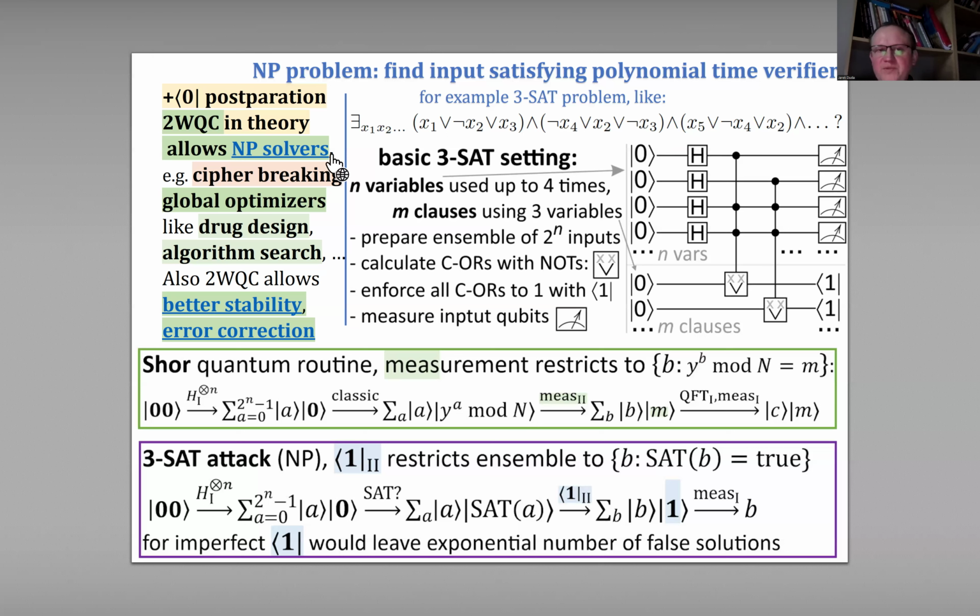The problem is that while testing is easy, in polynomial time, the number of inputs is exponential. That's the difficulty. So the question is, could we find the best among an exponential number quickly, in polynomial time? That's the goal.